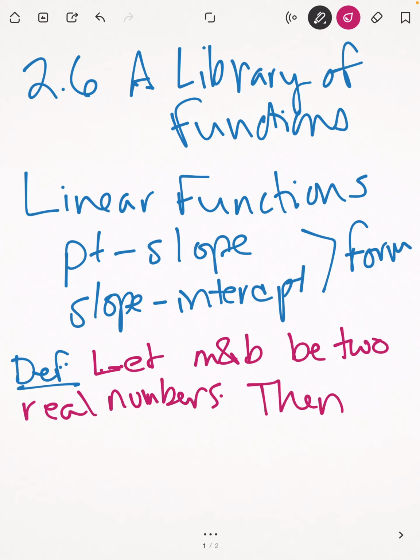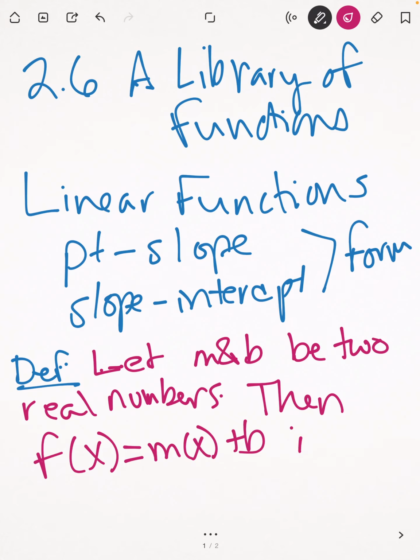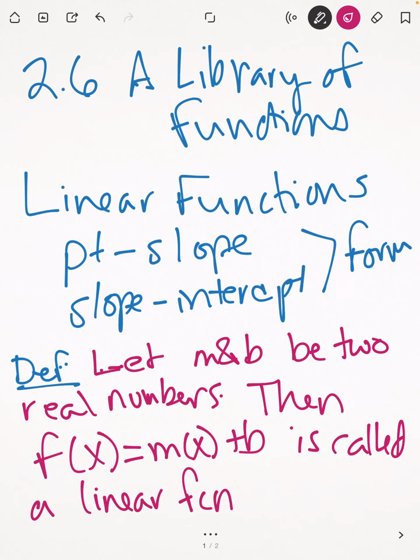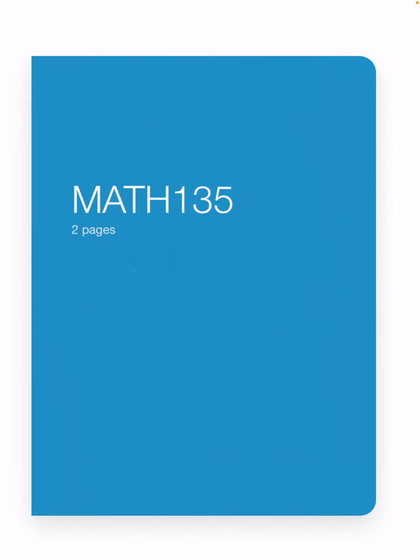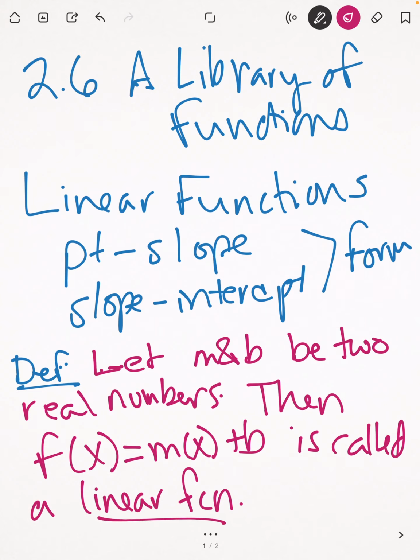Then something that looks like f of x equals mx plus b is called a linear function.